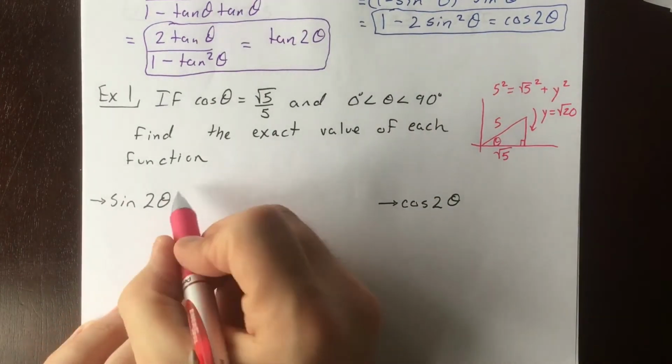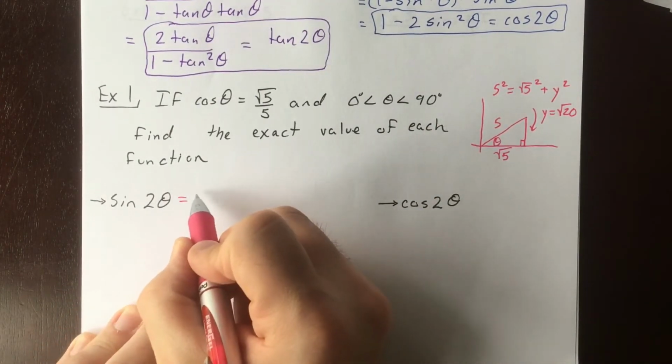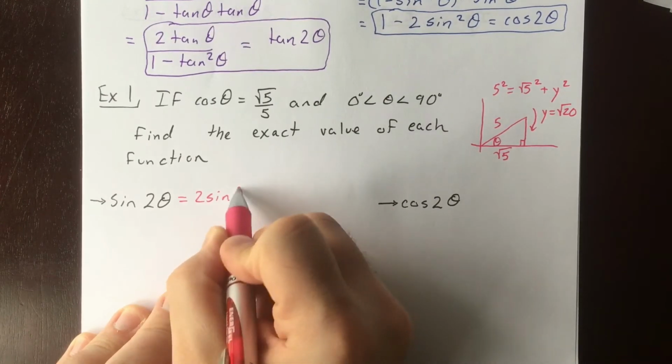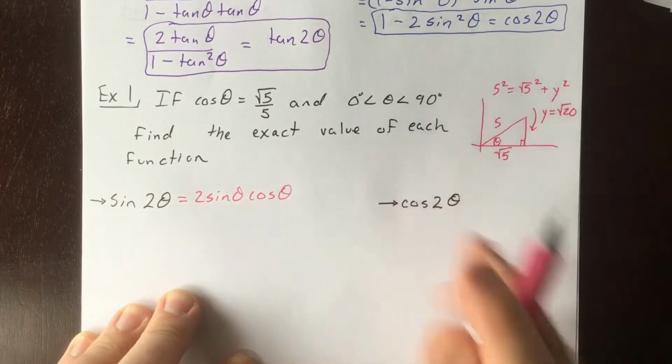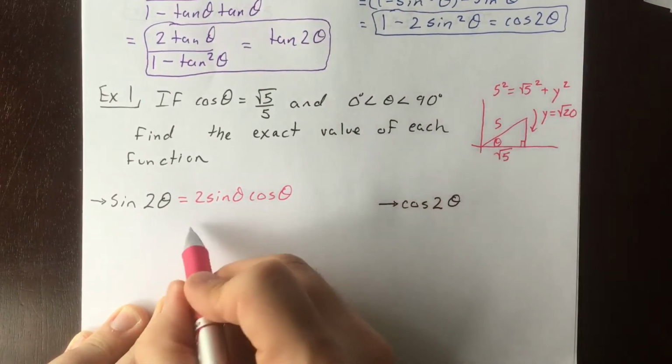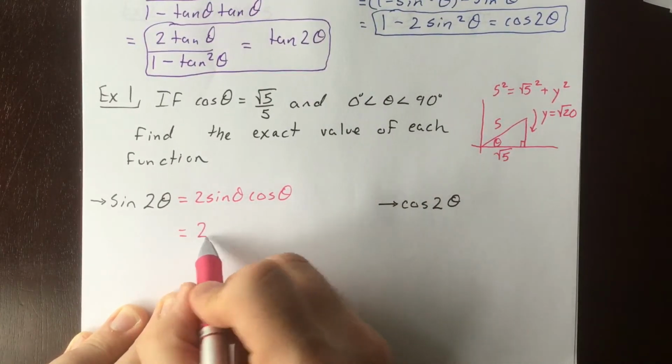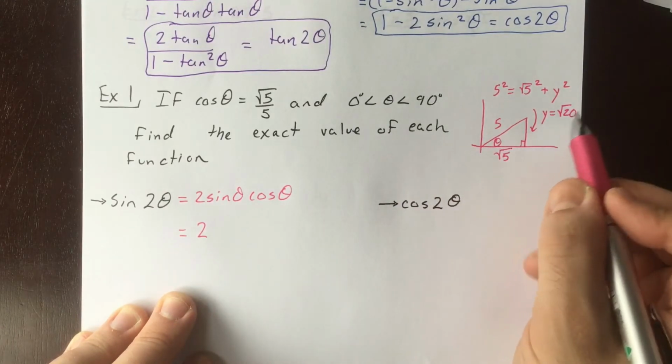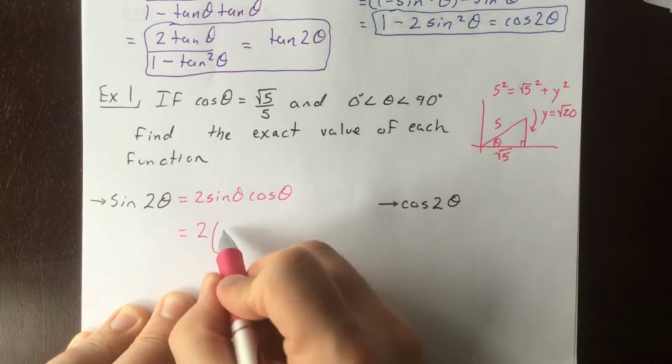Sine of 2 theta was the easier identity. It was simply 2 sine theta cosine theta. So we have our reference triangle to work with. Sine of theta is square root of 20 over 5.